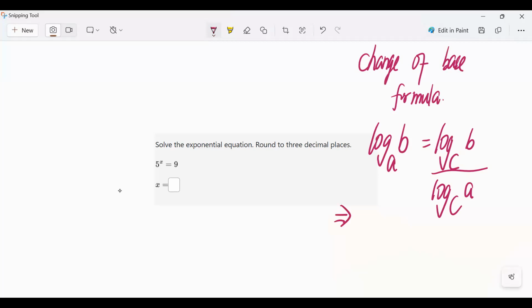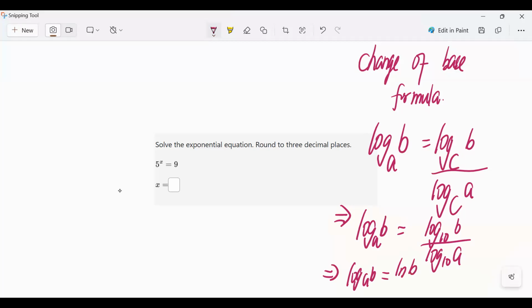Similarly, we can turn log base a of b, any base, into log 10 of b over log 10 of a. Also, we can turn it into log with base e, in ln. So log base a of b could be written as ln of b over ln of a. And these two are the most common ones. This is basically the change of base formula.